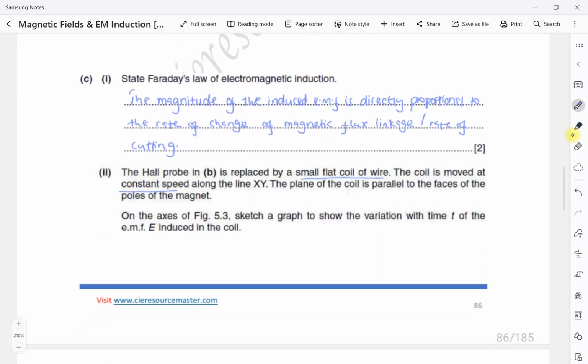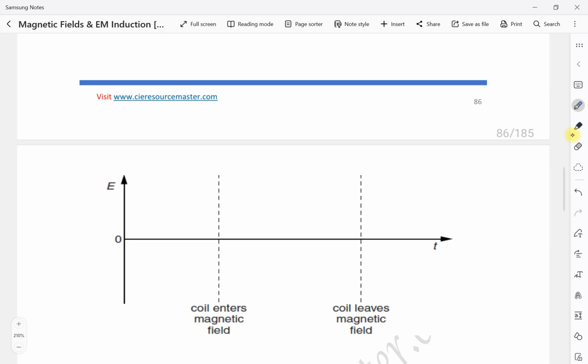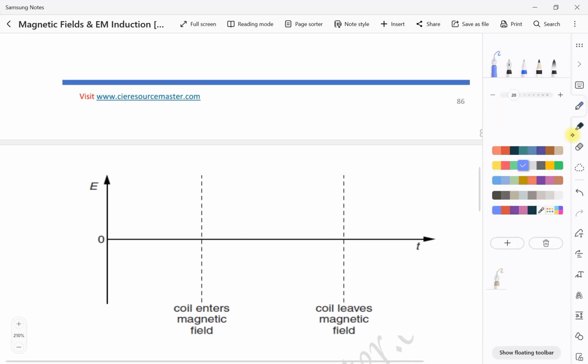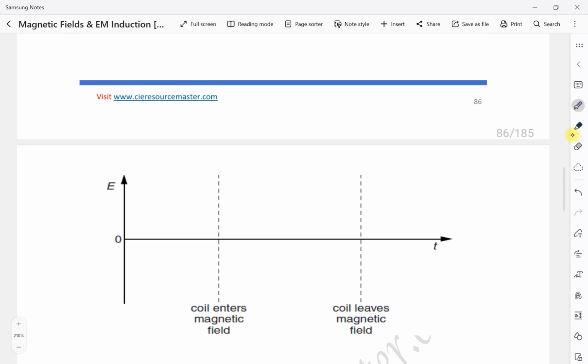So the EMF, before the coil enters the magnetic field, is 0. So we're going to have a horizontal line. Let me increase the thickness. So before entry, the induced EMF is 0 because the Hall voltage is 0, or there is no magnetic field.